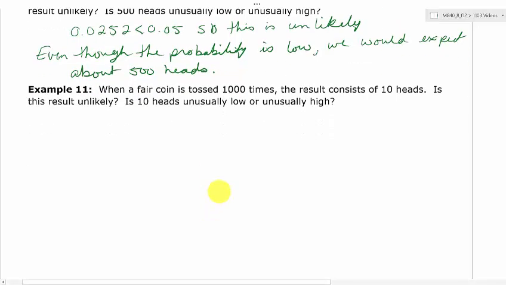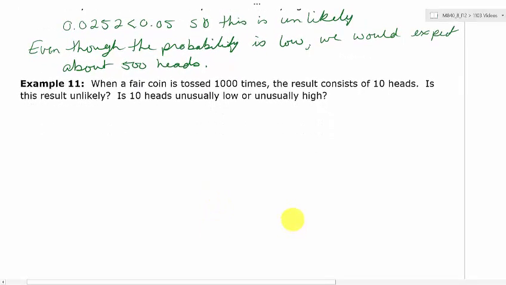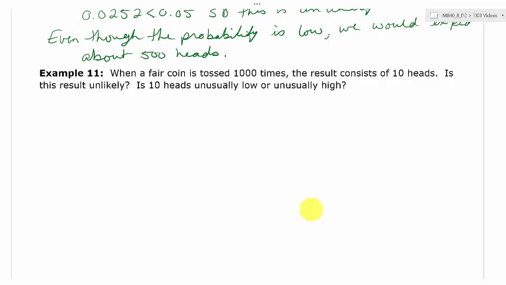In our last example, a fair coin is tossed 1,000 times, and the result consists of 10 heads. Is this result unlikely?